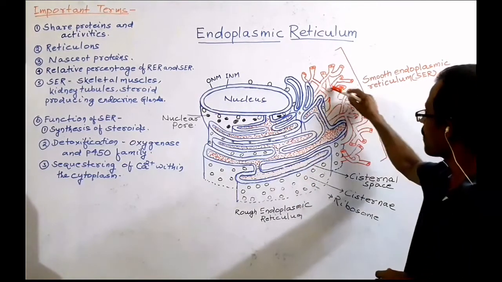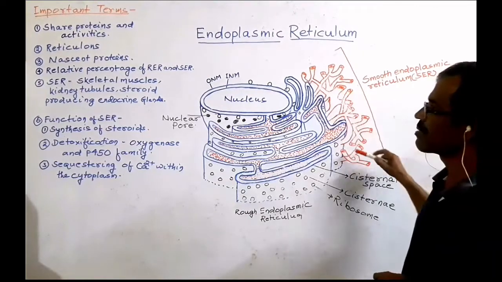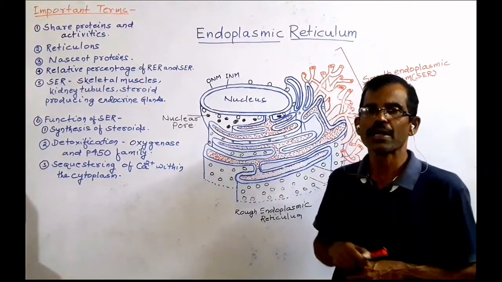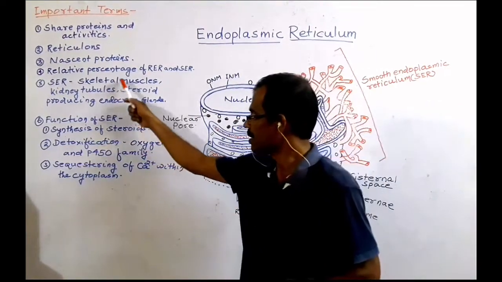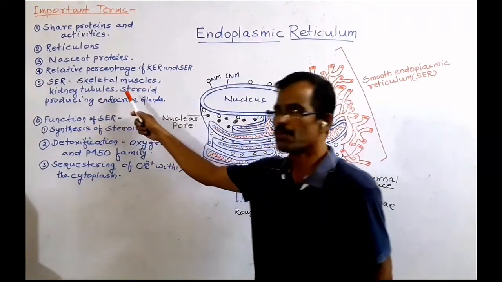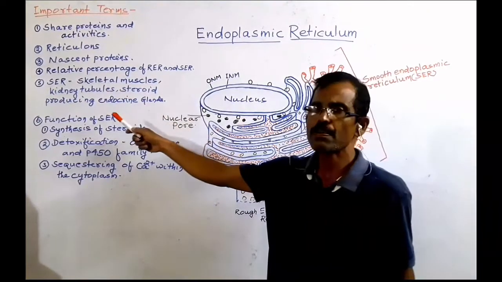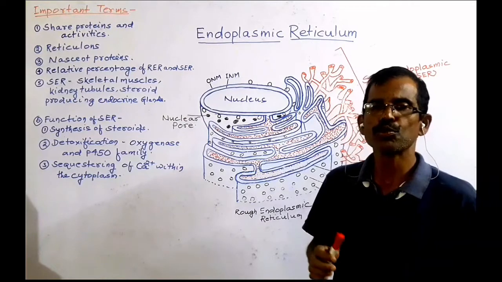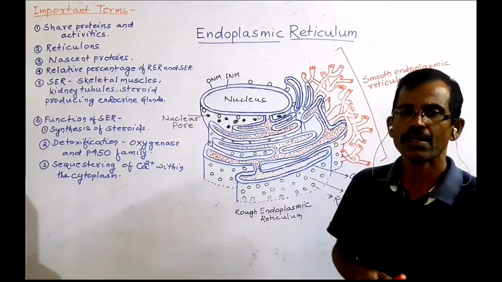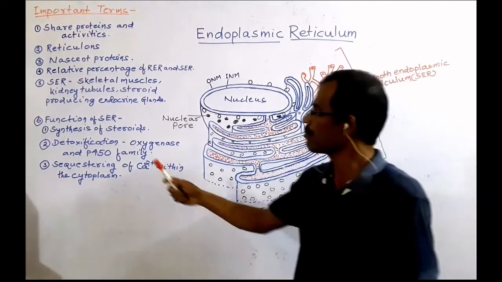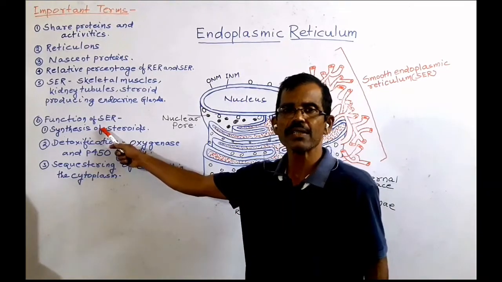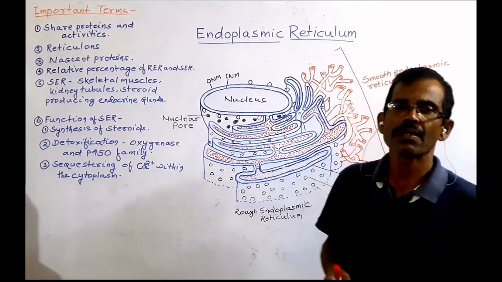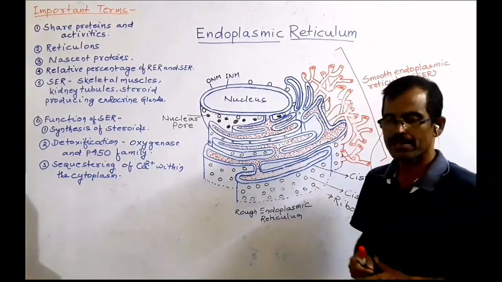The smooth endoplasmic reticulum is extensively developed in a number of cell types including those of skeletal muscle, kidney tubules and steroid producing endocrine glands. Function of smooth endoplasmic reticulum. Smooth endoplasmic reticulum is responsible for synthesis of steroid hormone in the adrenal cortex and in the gonads.